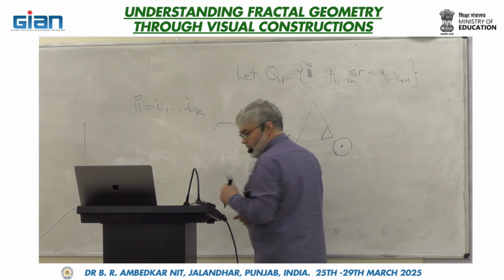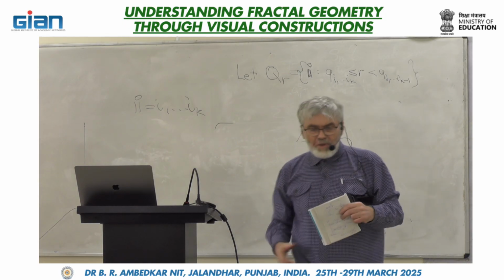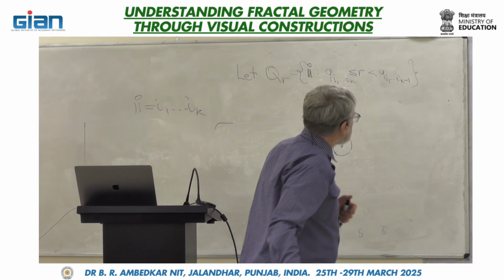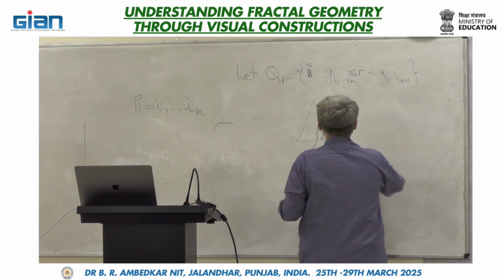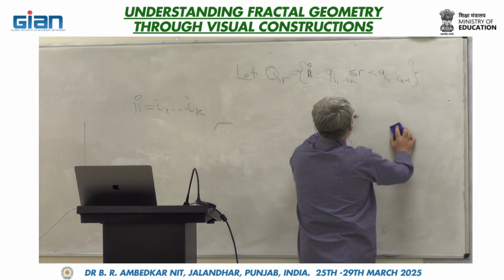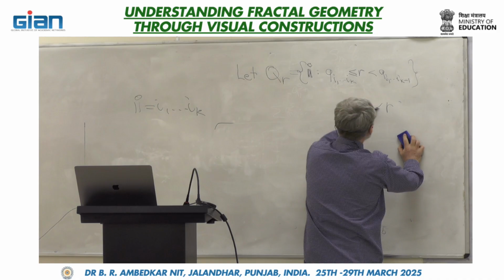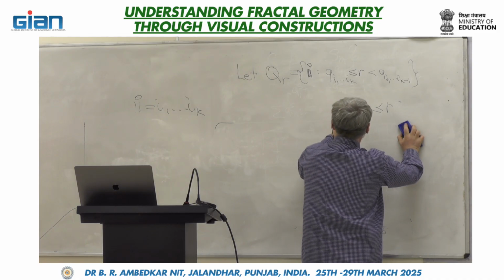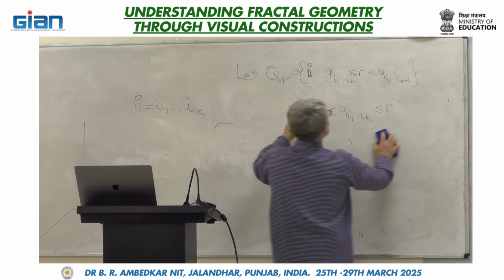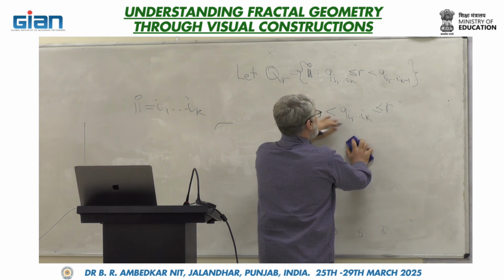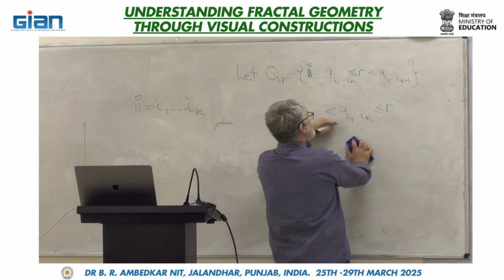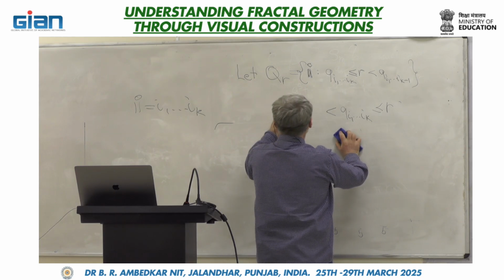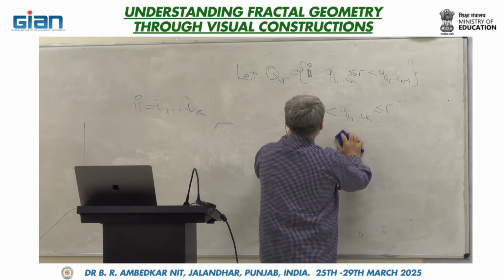The immediate consequence of this inequality will be that R is greater than or equal to Qi1...Ik, and at the same time Qi1...Ik will be greater than R multiplied by Q minimal.